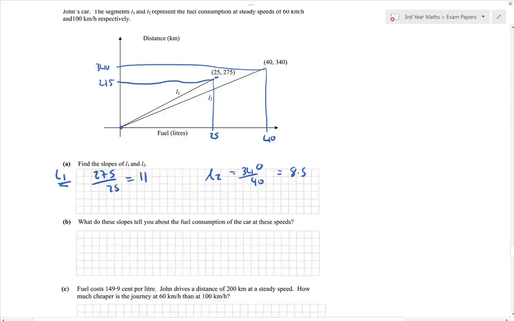Okay, so the higher slope indicates that more fuel is used when the car is going at the speed of 100 kilometers per hour. So the higher slope for line 1 indicates more fuel consumption at the higher speed.